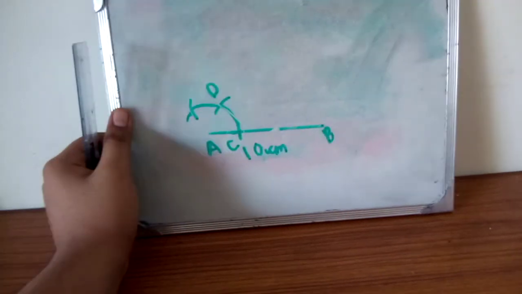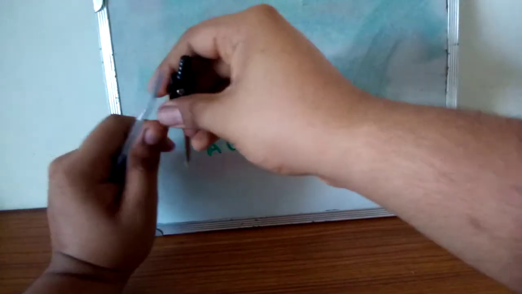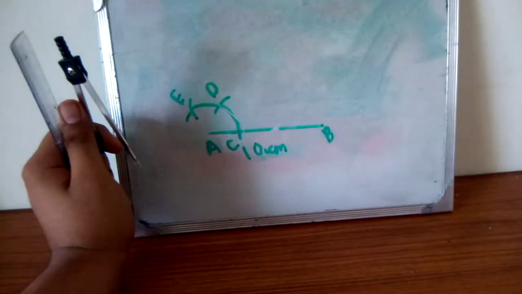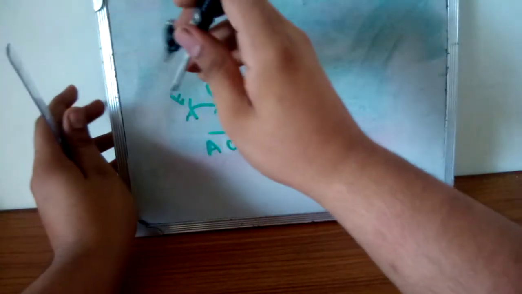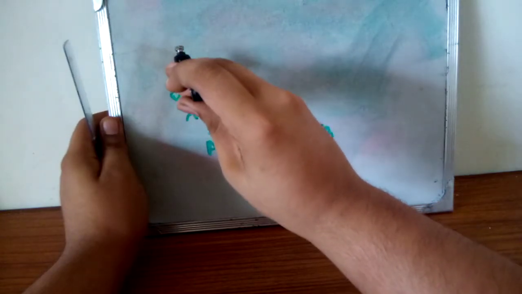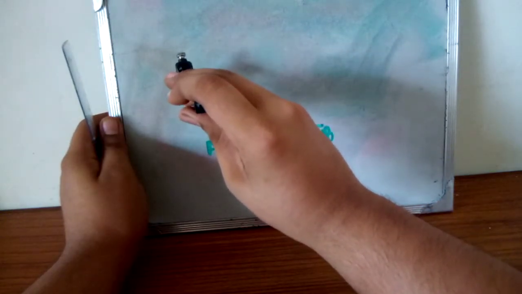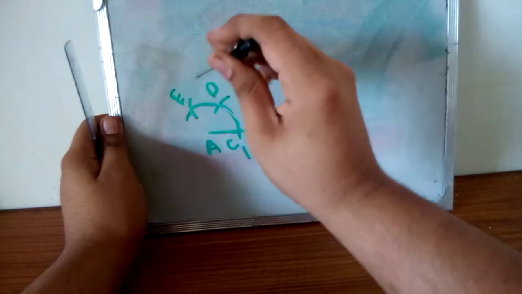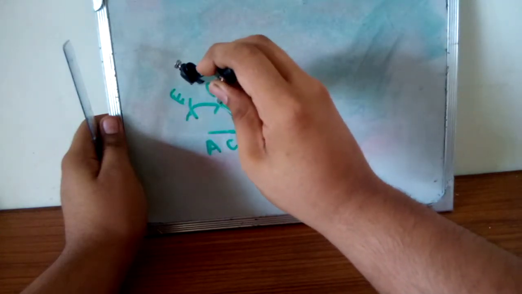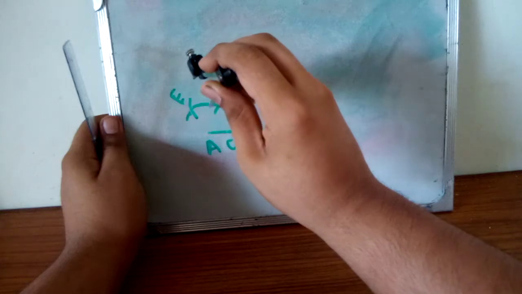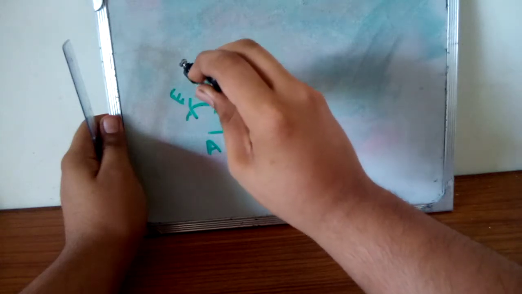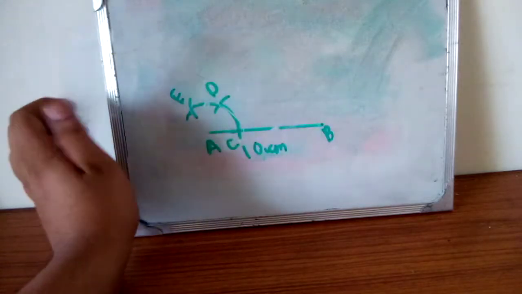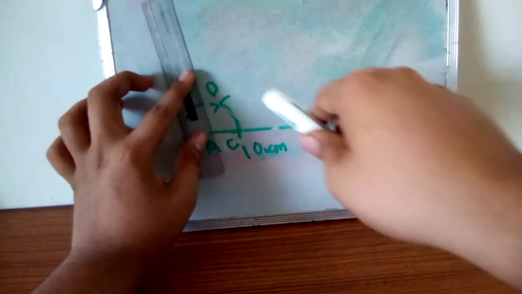Now, keeping the compass tip with the same radius at points D and E, we will make an arc upwards. First we will make an arc by keeping the compass tip at point E with the same radius, and then we will make an arc to intersect this arc from point D. Then we will join this line segment.